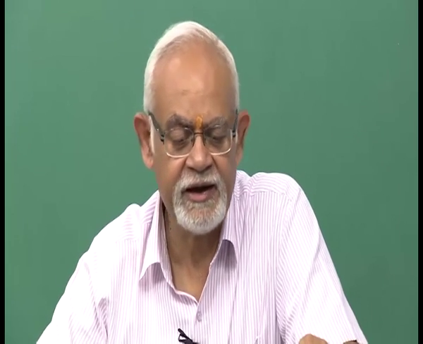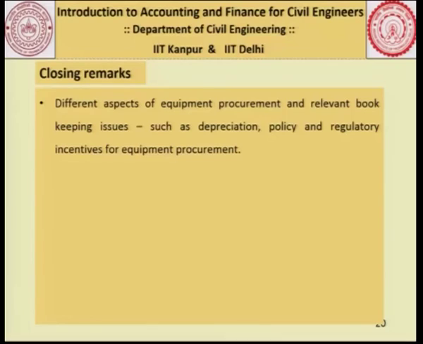Now, coming to an end as far as this lecture is concerned, let me close by saying that what we have done today is discuss different aspects of equipment procurement and relevant bookkeeping issues such as depreciation, policy and regulatory incentives for equipment procurement.